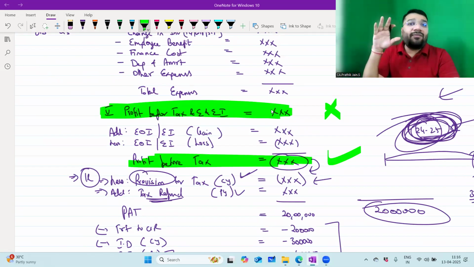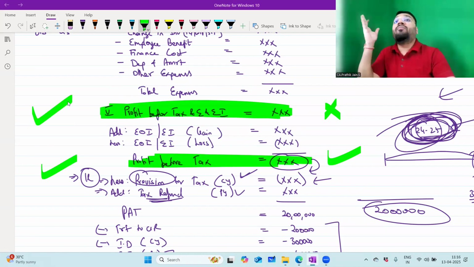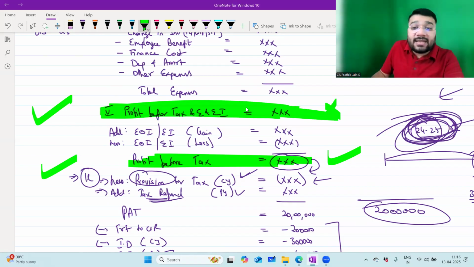So in ICAI itself, in a few questions, they have taken this as a starting point and in others they have taken that as a starting point. If you see the book back exercise questions, question 12, 14, etc., they have taken net profit before tax and extraordinary item as a starting point. I'll just show it to you.